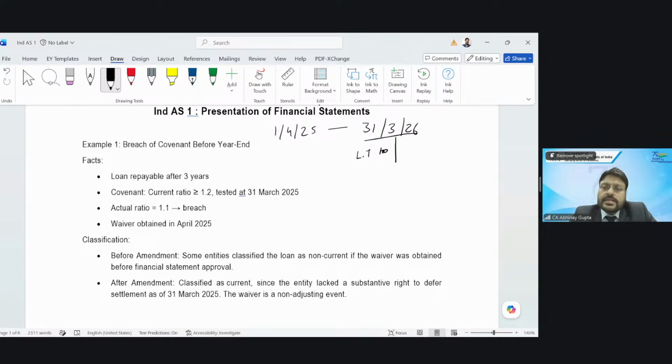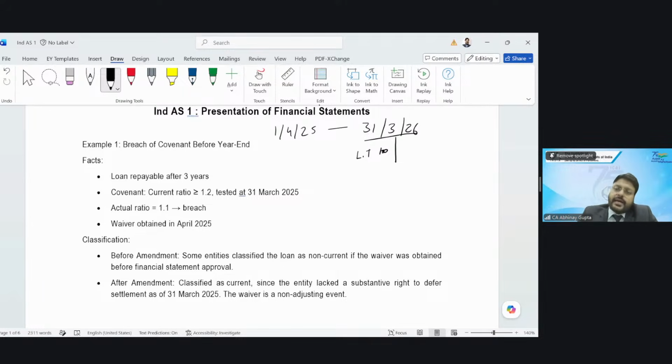So the standard says, irrespective of the action of the lender or the banker, because you have breached the covenant, and this loan has become repayable immediately in case the lender demands, while preparing the balance sheet on 31st March 2026, you should be presenting this liability as current liability. So that is the requirement of Ind AS 1, right?